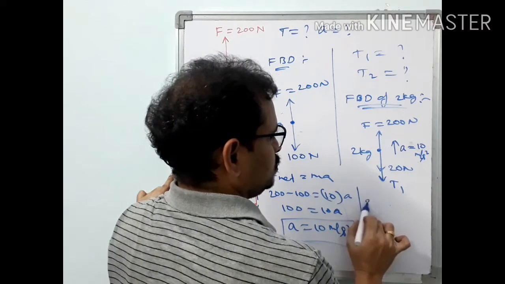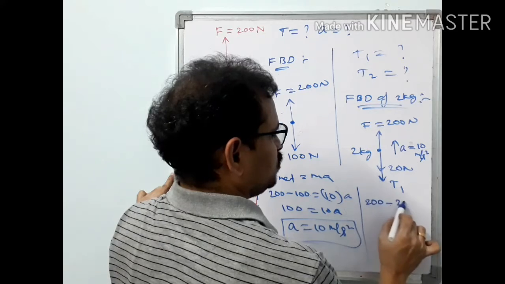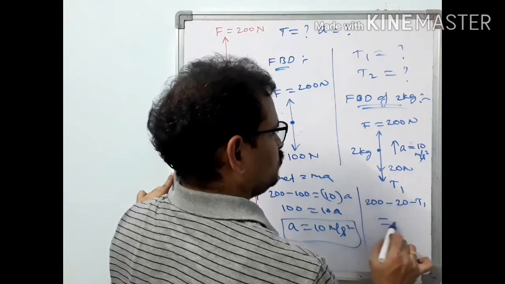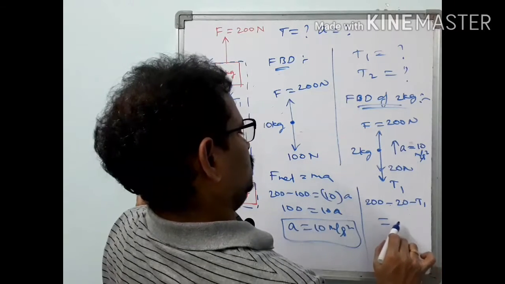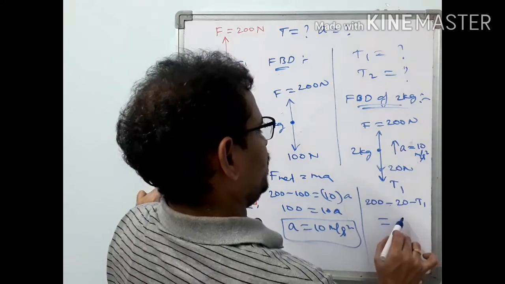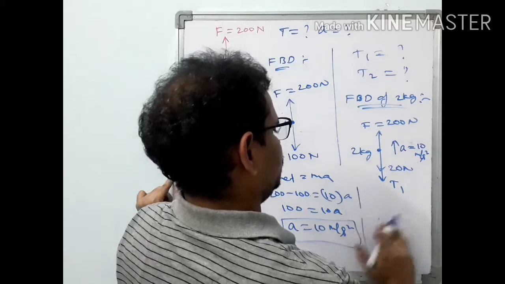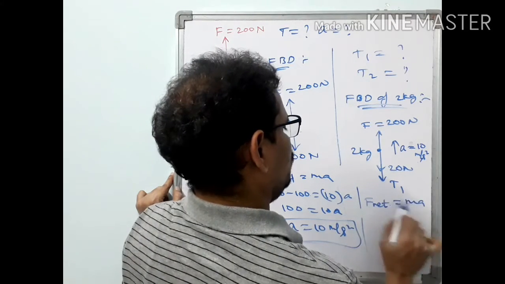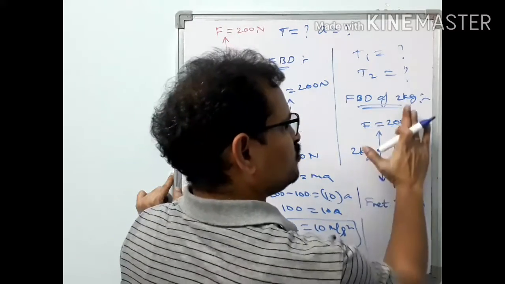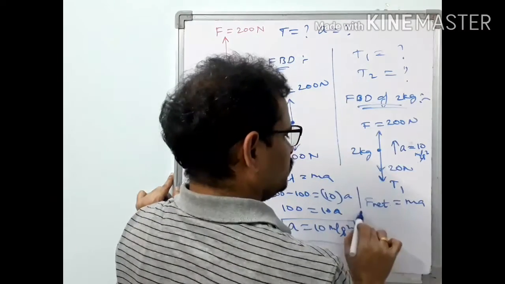That means 200 minus 20 minus T1 equals net force. So let me write here, F net equals MA. What is the net force here? Since the acceleration is upwards, the upward force is greater than the downward force.